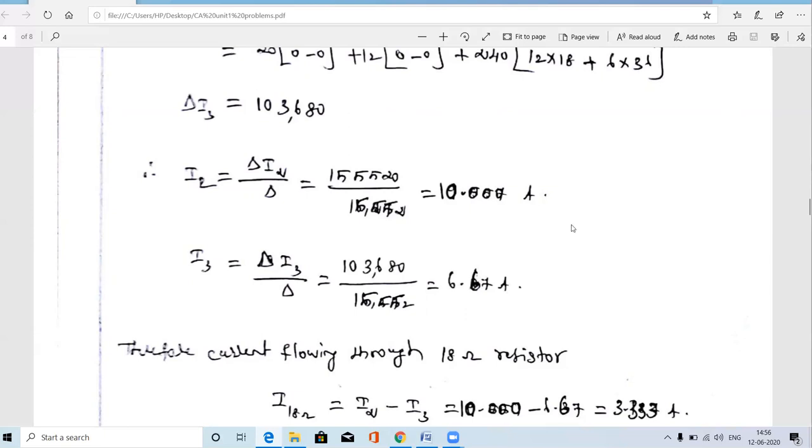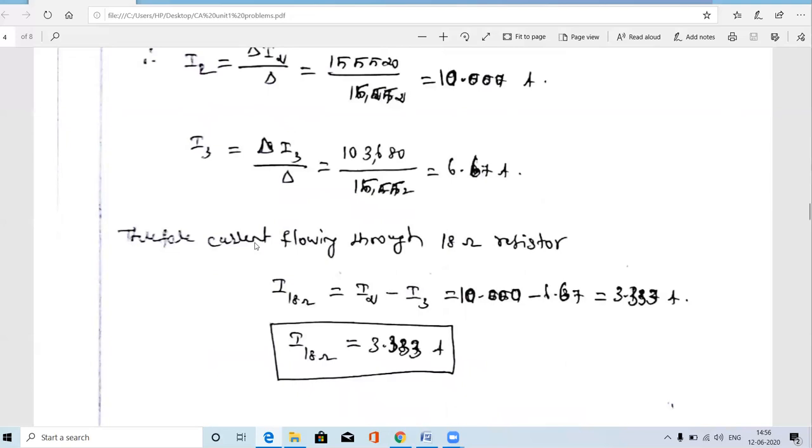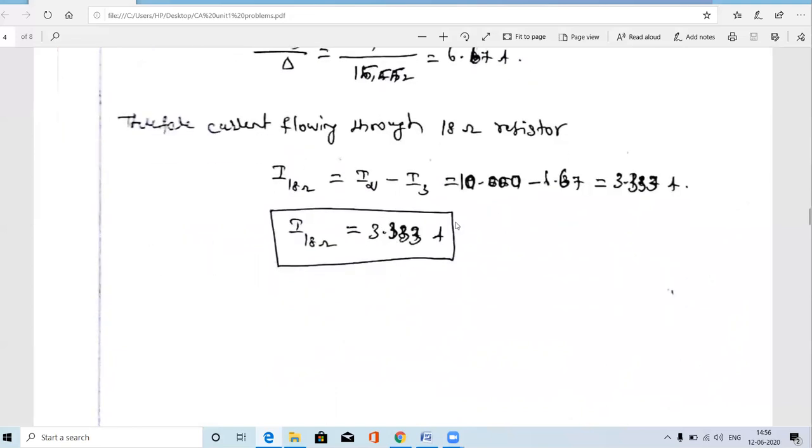There is no need to calculate the current I1, since we only have to find the current flowing through the 18 ohm resistor, for which we need only I2 and I3. Therefore, the current through the 18 ohm resistor is the difference between I2 and I3: 10 minus 6.67, so we get 3.3 amps.